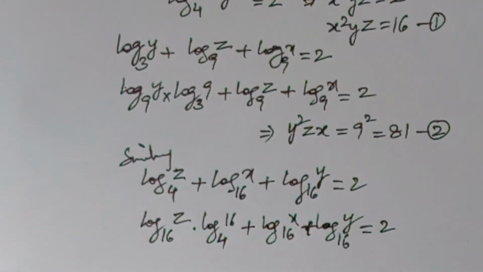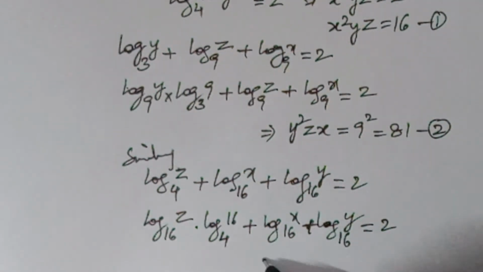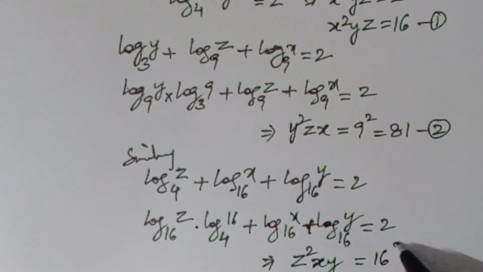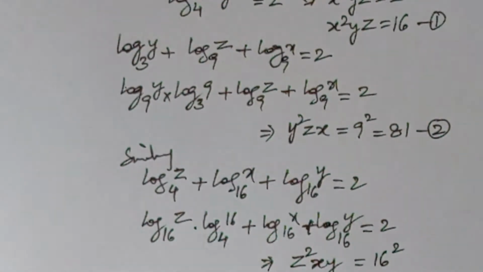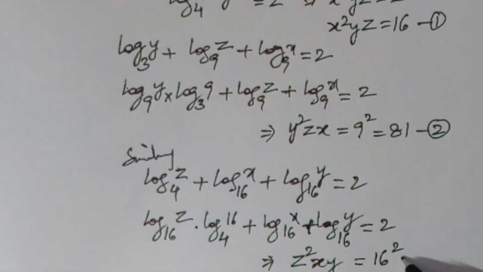So here you will get z square xy is equal to 16 square, that is equal to 256. That is the third one.